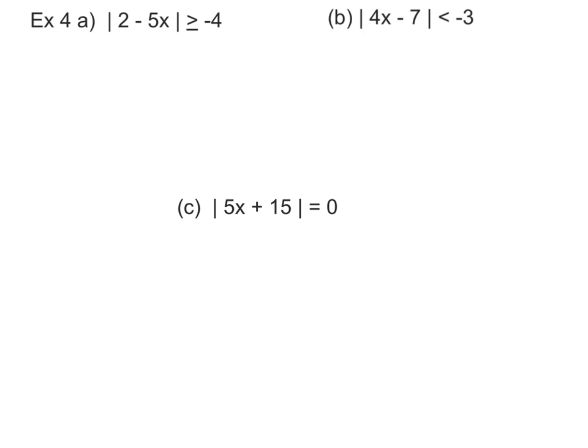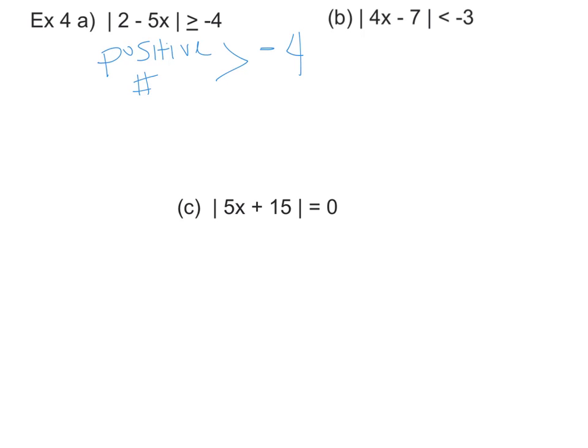So whatever this is, when I take the absolute value of it, that's going to be some positive number that's going to be greater than a negative number. Are positive numbers greater than negative numbers? Every time, right? So when you have absolute value and you see that negative sign, lights are going off.